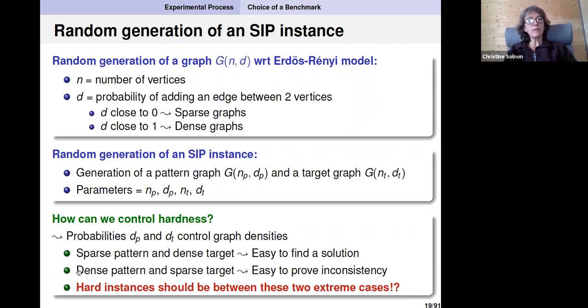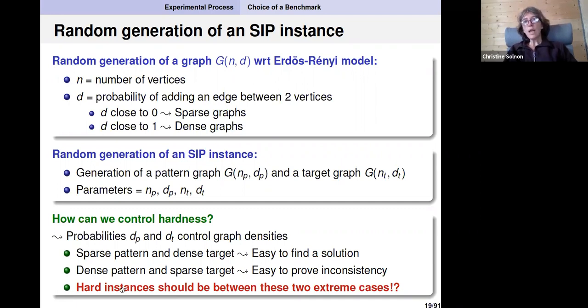And on the other side, if you have a lot of edges in the pattern, but only very few edges in the target, then it should be easy to show that it is not possible to find a solution. And the hard instances should lie between these two extreme cases.